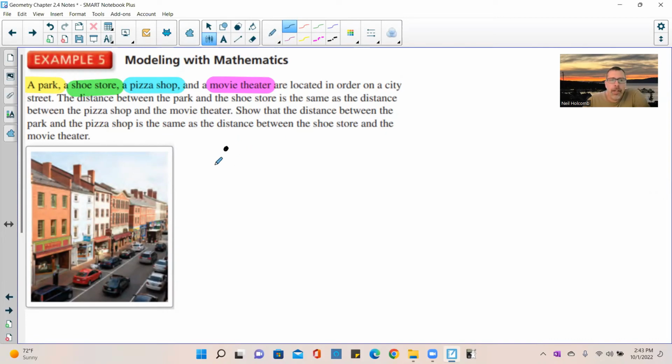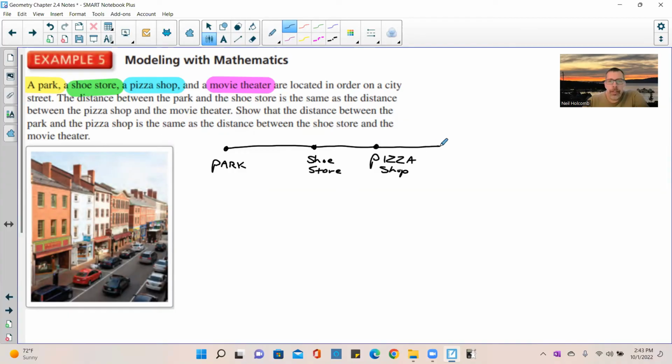We can put a dot and call this the park. And then we go like this and we say shoe store. So it's always a good idea to draw a diagram. So there's the park, there's the shoe store. It's a certain distance on a city street. The distance between the park and the shoe store is the same as the distance between the pizza shop and the movie theater. So then we go like this, and then we say, okay, well, maybe right here's the pizza shop.